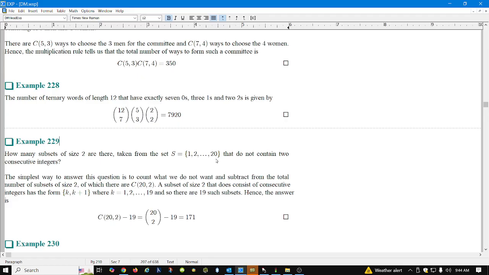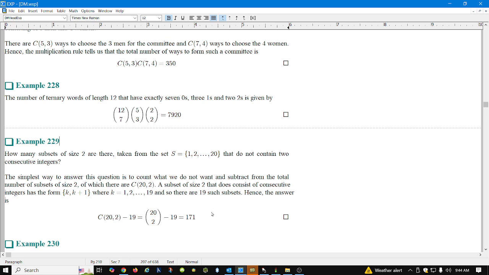Well, this is an example. It sounds like a little bit of a tricky problem, but if you look at it the right way, it becomes much simpler. And as we've discussed before, in this case, the simplest way to answer this question is to count what you don't want and subtract from the total number of subsets of size 2, C 20 2, or 20 choose 2.